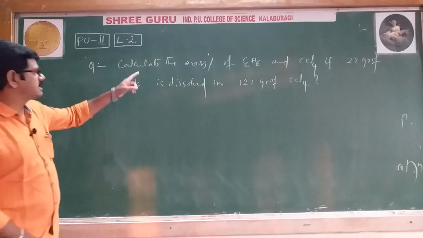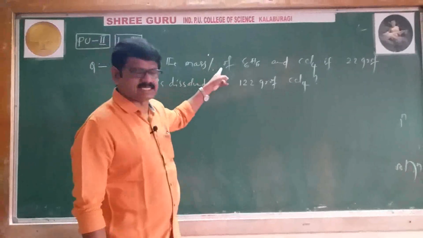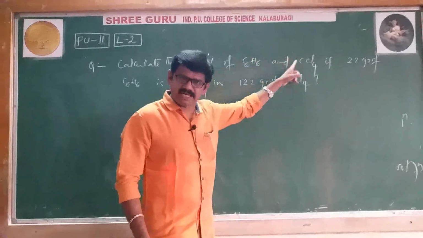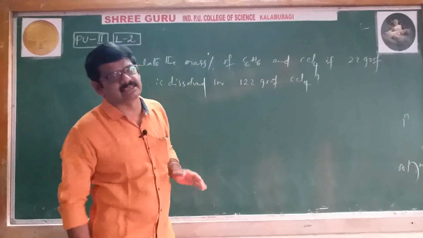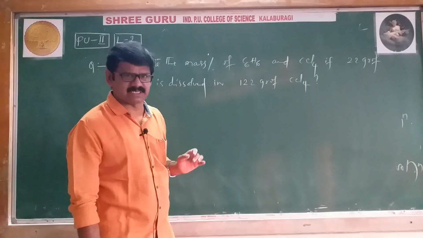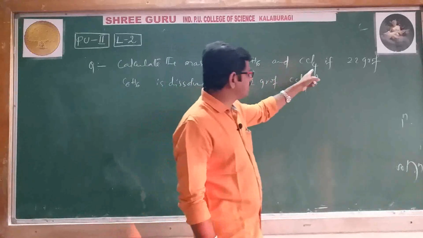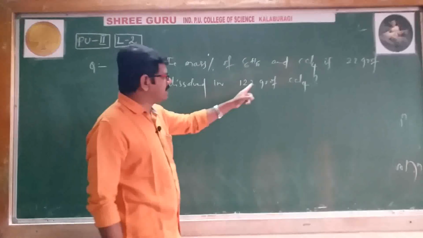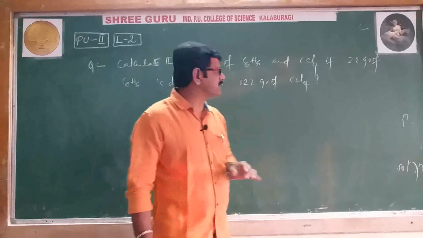We will understand the question clearly. Calculate the mass percentage of benzene and carbon tetrachloride. Mass percentage of both components is asked.